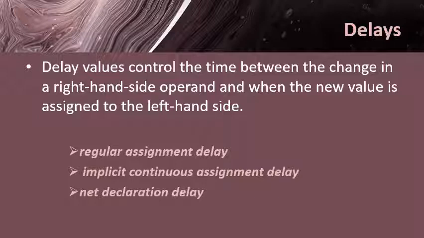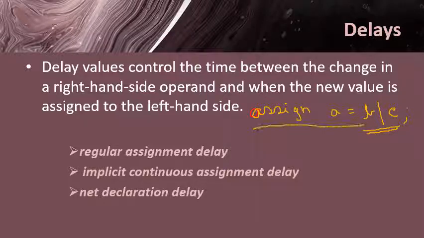For example, if I have assign A equal to B or C, the expression on the right hand side, that is B or C, will be evaluated first, and the result of this operation will be assigned to the left hand side operand, that is A. In this statement, I have not specified any delay, but I have an option of specifying a delay which decides the time at which the assignment has to take place.